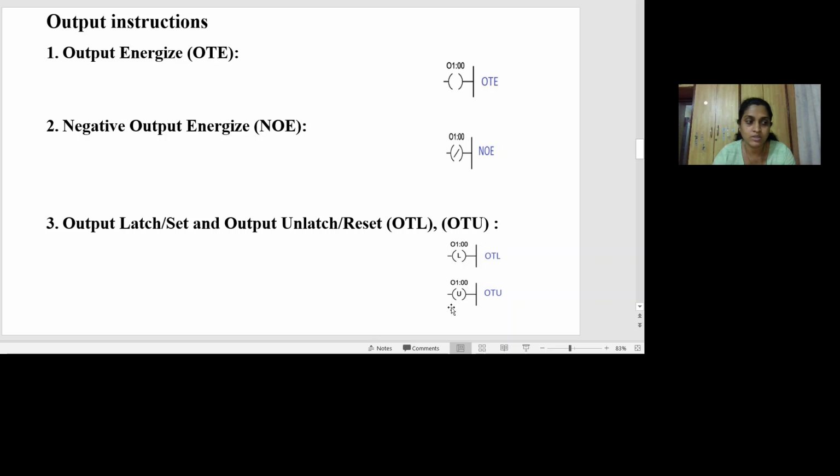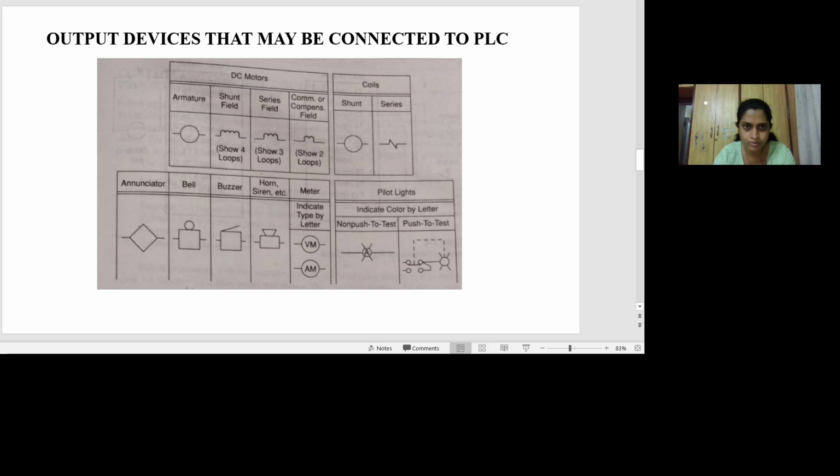The output remains set until the condition of the left link of the OTU is momentarily on. Some of the output devices which may be connected are DC motors, coils, bells, buzzers, meters, sirens, and pilot lights.